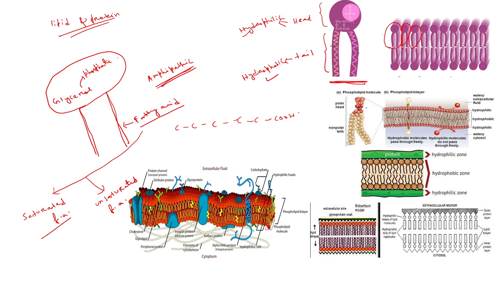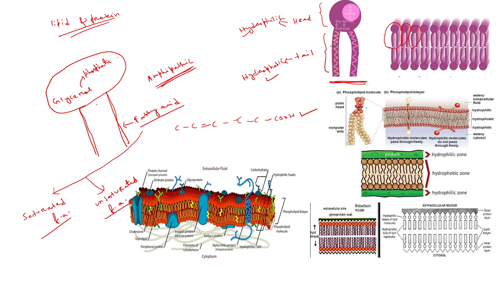So this type of structure of the fatty acid is called a saturated fatty acid. Now look at what is the unsaturated fatty acid. That means in the fatty acid, if at least one double bond is present, or more than one double bond is present, then it is called an unsaturated fatty acid. Okay, so now you know what is the saturated fatty acid and what is the unsaturated fatty acid.